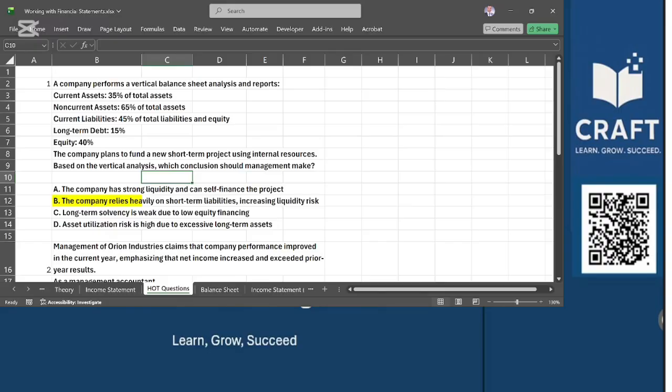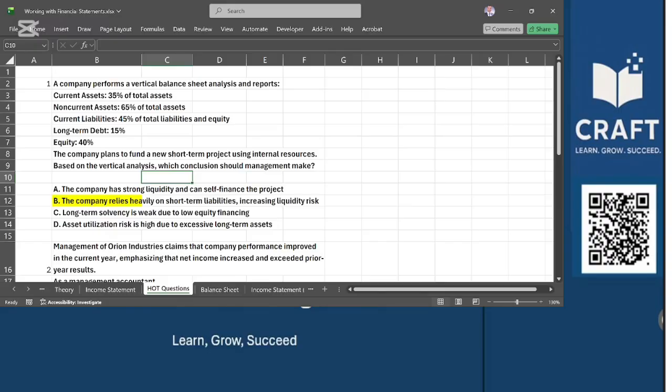We can also compare the performance of one company with another company, the companies having different sales or different assets in absolute terms. By converting them into a percentage of sales or a percentage of total assets, we can get better insight on the financial position and financial performance of the company.